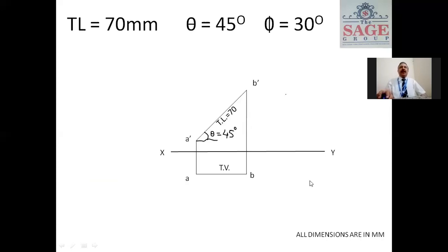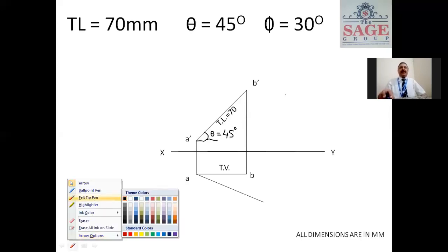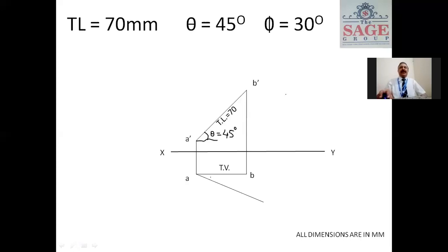Now we draw a 30 degree angle from A, and this is the 30 degree angle, known as phi. We can write here phi is equal to 30 degrees.